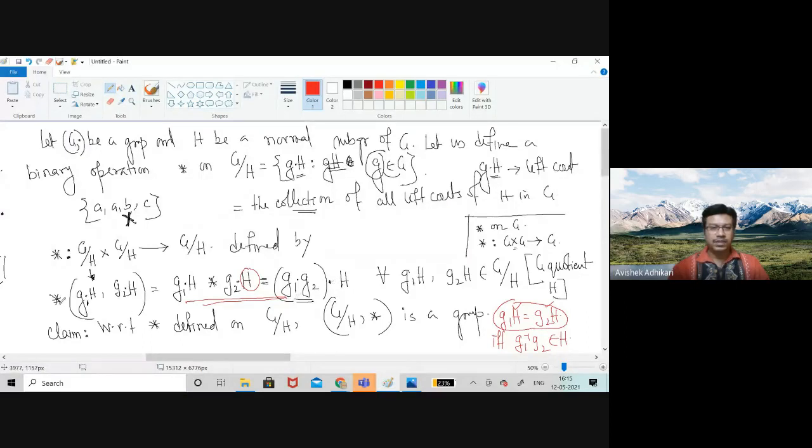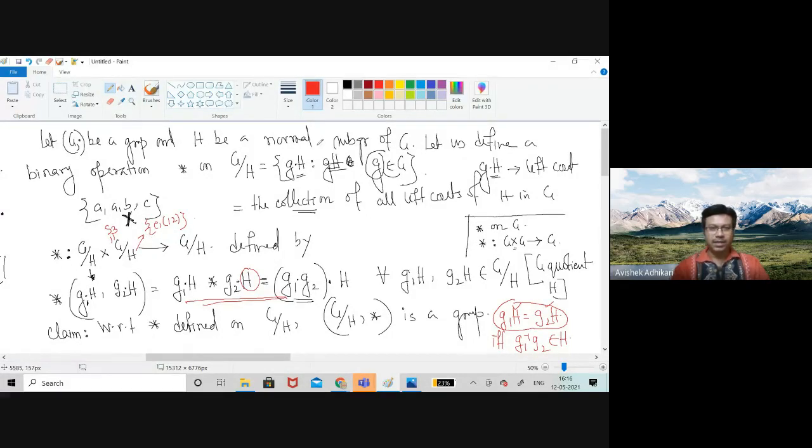So this is a function, right? You will be able to show that star is not well defined if you consider H to be E and 1 2 in G, which was my S3.